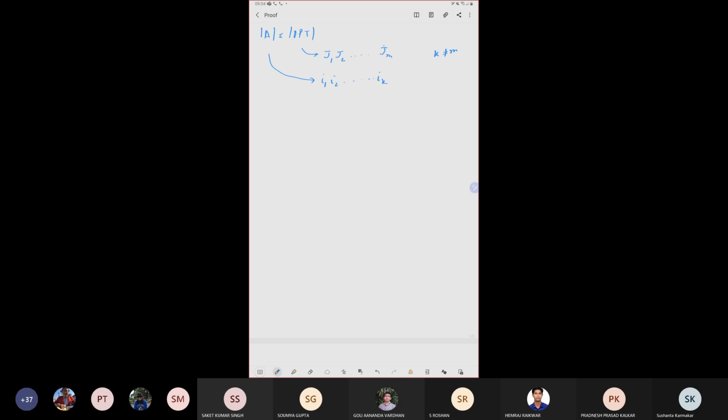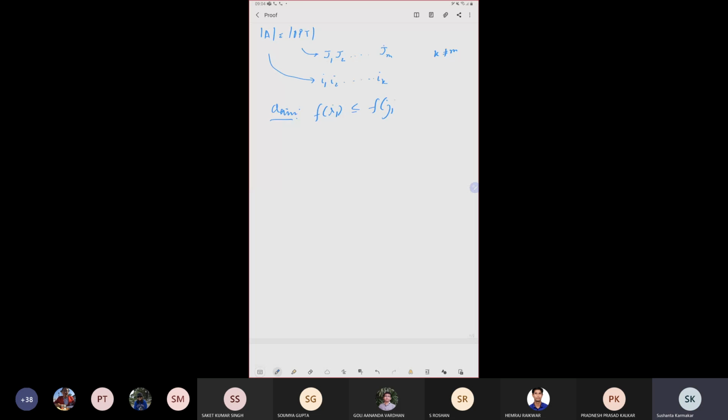Probably there is some doubt in that. So for example, I claim this fact that f of I1 is less or equal to f of J1.